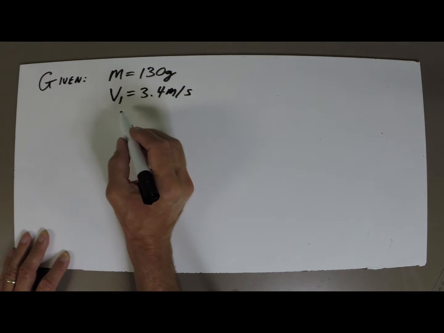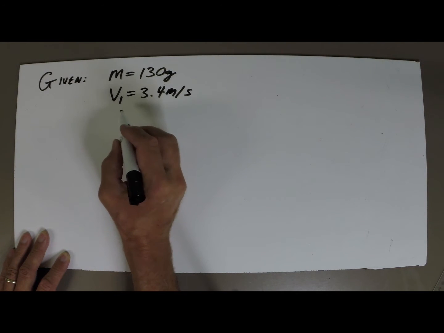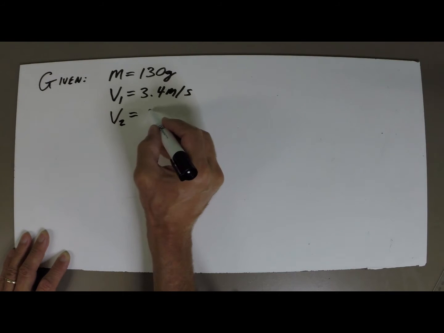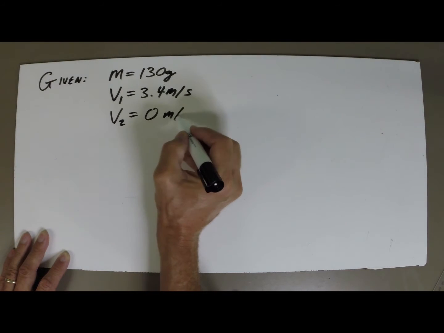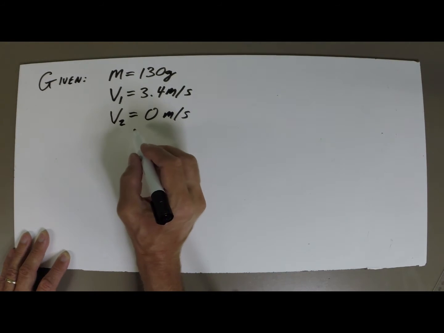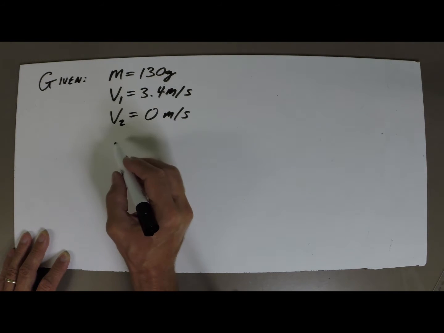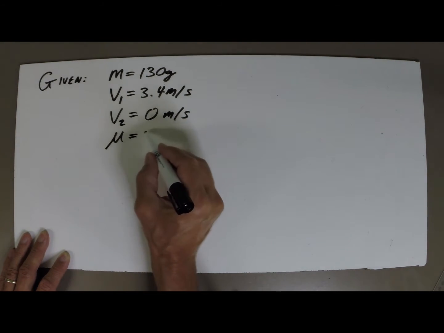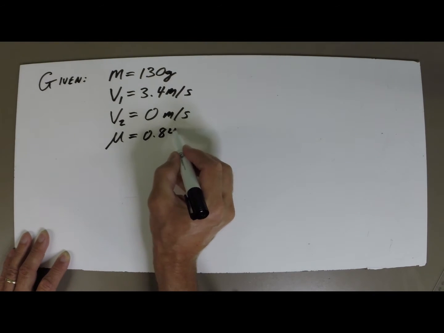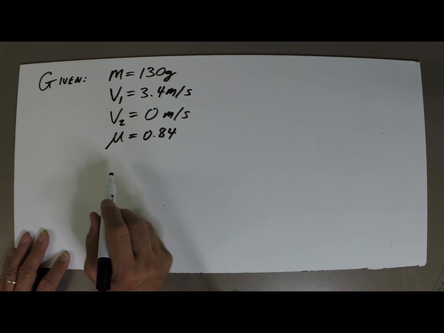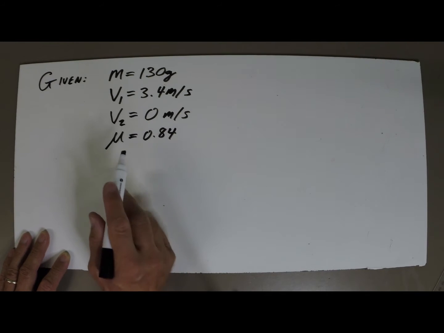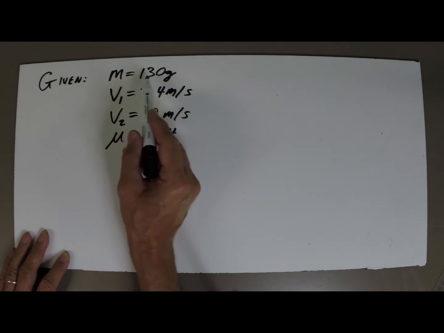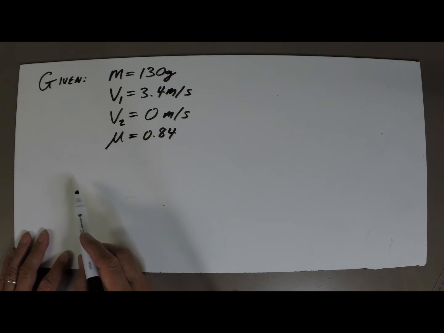They said it slows down and stops because of friction, so that gives us the second velocity, or final velocity, of 0 meters per second. And we are given the coefficient of friction, 0.84. There's no units for that.